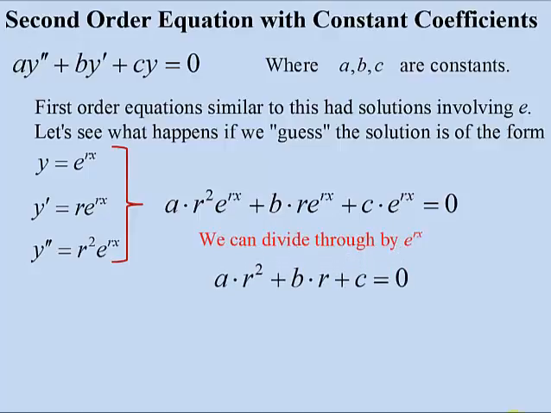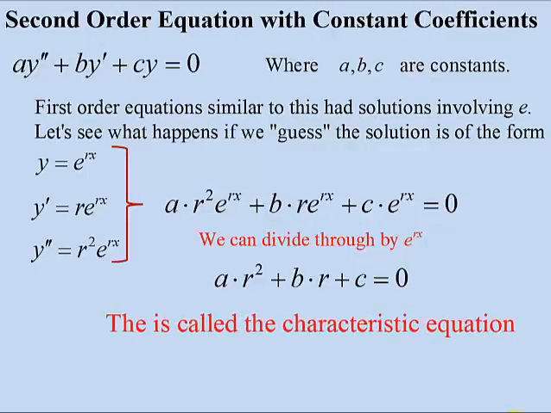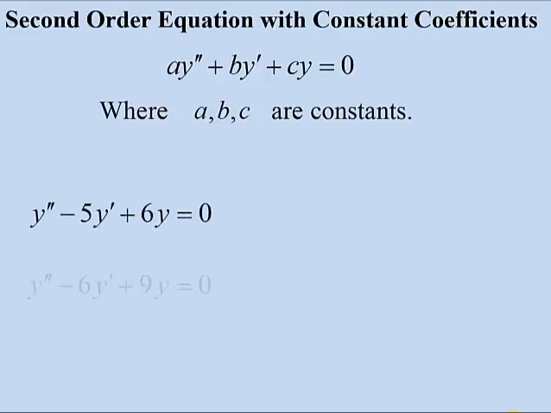And so this, for a second-order linear equation with constant coefficients, is called the characteristic equation. Now, that's a quadratic equation, so we can solve quadratic equations kind of easily. So we're going to take a look at these three sorts of things and see what would the characteristic equation look like.